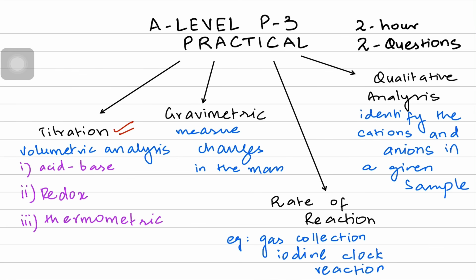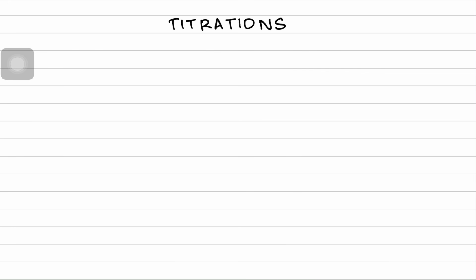So let's begin. When we talk about titrations, there are a few key terms that we should know. We always have a few common apparatus and a few common terms. So let's write a few important definitions.